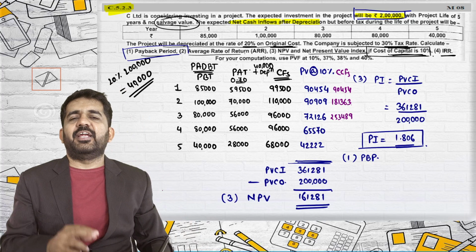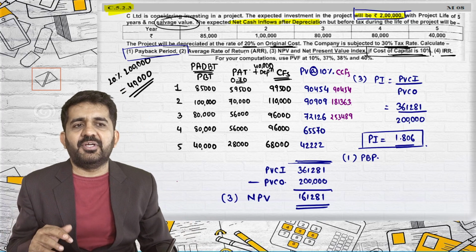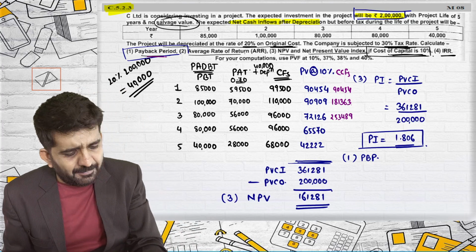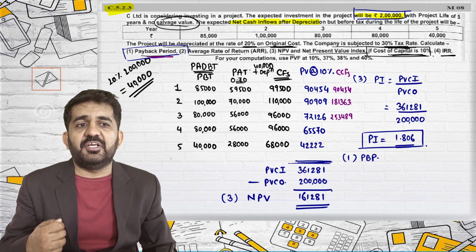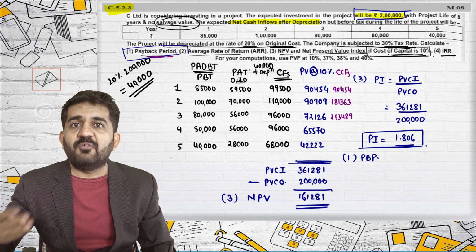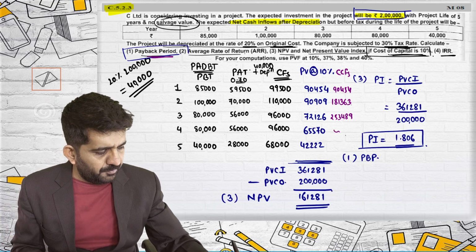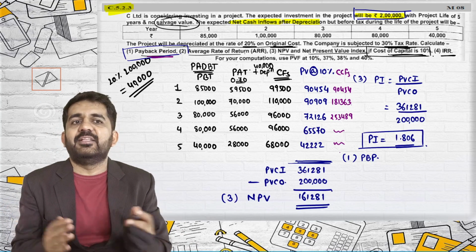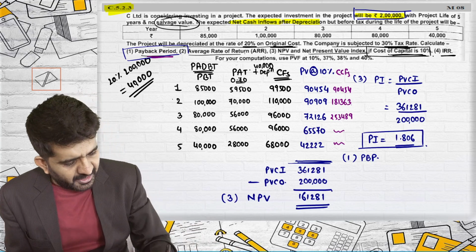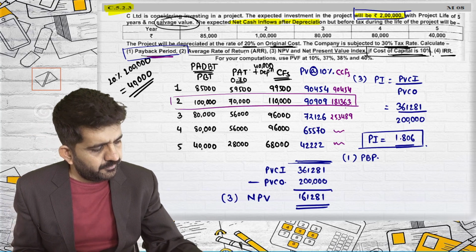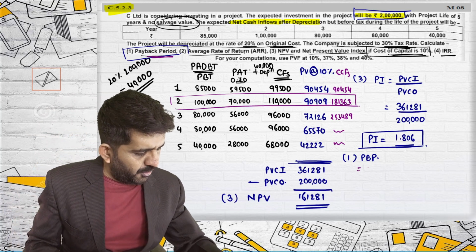Now try to understand, between second and third year my payback period will come. So after 2 years, payback period will come. So I don't need to find out cumulative cash flows ahead. They are not important for us. What I'll be taking as my base year is second year. I will be using the formula directly.